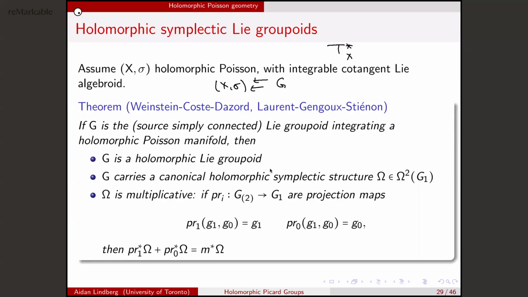Furthermore, this holomorphic Lie groupoid carries a canonical holomorphic symplectic structure. So this is going to be a closed non-degenerate 2-form on the space of arrows, holomorphic. And this is a special holomorphic symplectic structure because it's multiplicative, which means it satisfies this condition here, which maybe I won't go into in too much detail, but what this is saying is it defines this thing called a one-shifted symplectic structure.